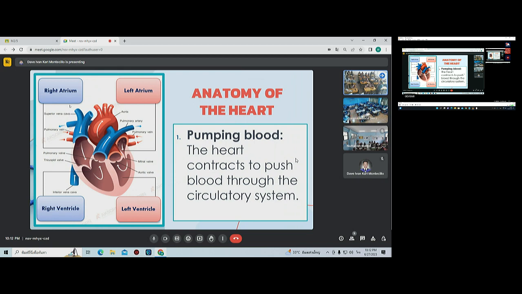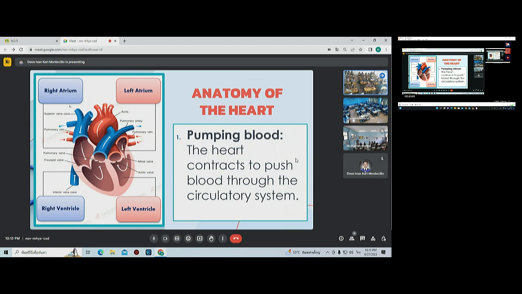From the left atrium, it pumps down to the left ventricle and pumps out to the aorta, going to the rest of the body, like here, in the aorta. Now, the blood with low oxygen, deoxygenated blood, enters, what is this?